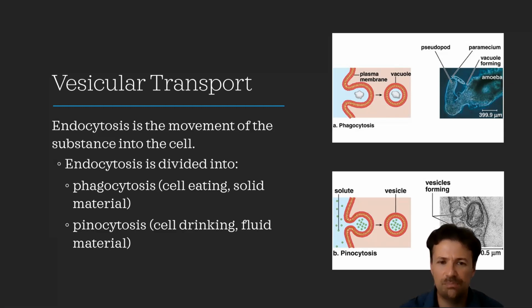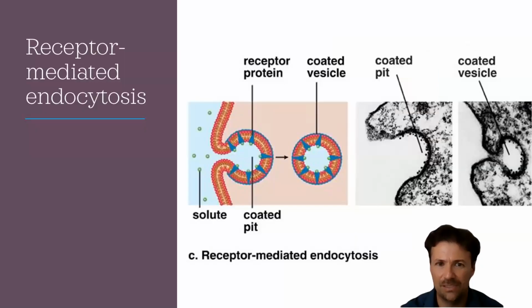And very often these processes are triggered by receptors that interact with the substance on the outside. And in this case, we'd call that receptor-mediated endocytosis. So there you saw the examples of bulk transport or vesicular transport. Very simple examples, very simple systems that the body uses to move larger substances in and out of the cell.